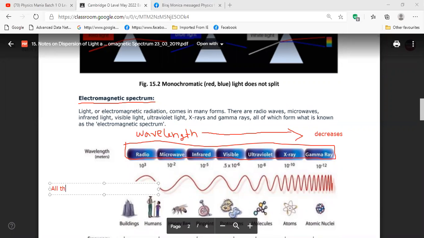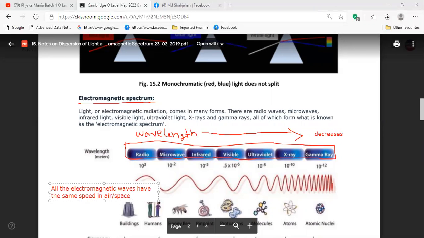all the electromagnetic waves have the same speed in air or space.